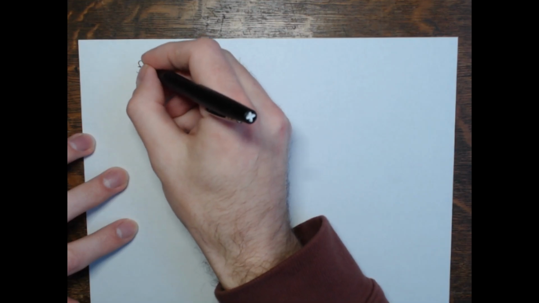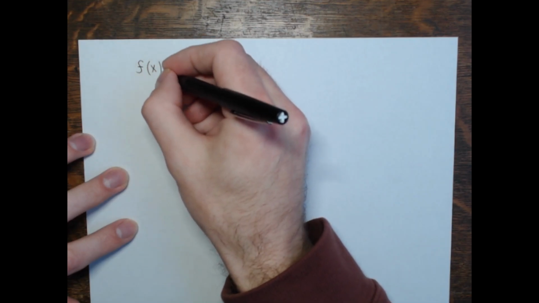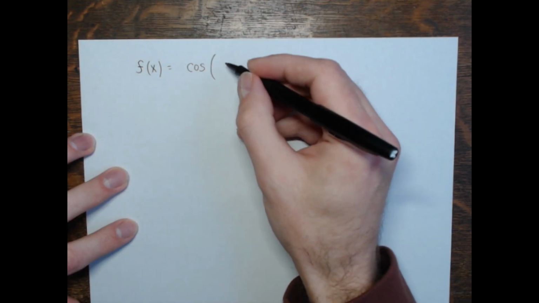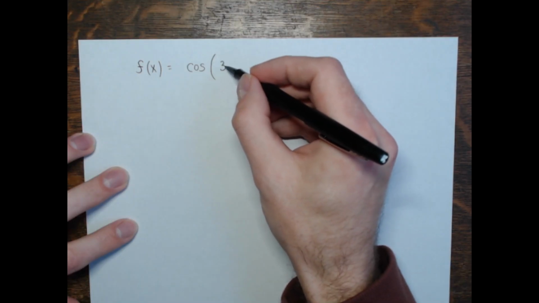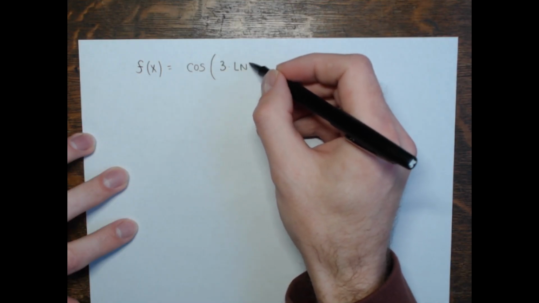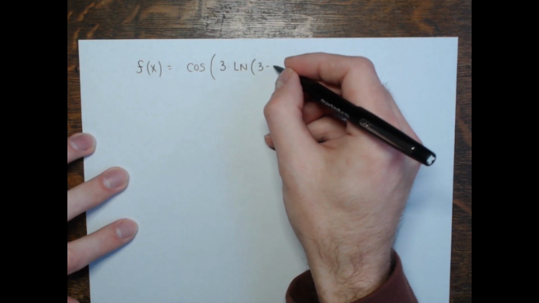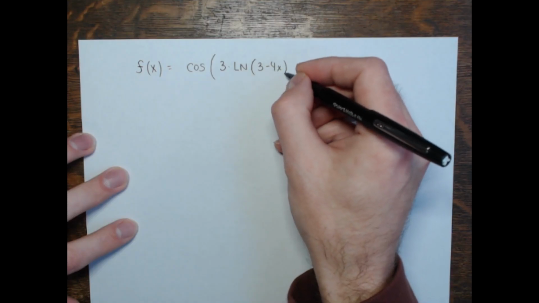So here's the way it looks. F of x equals, again, the cosine of 3 times the natural log of, and inside the natural log is this 3 minus 4x expression.